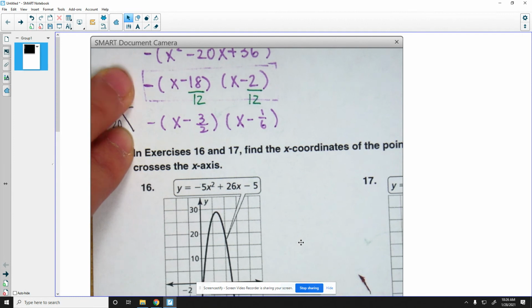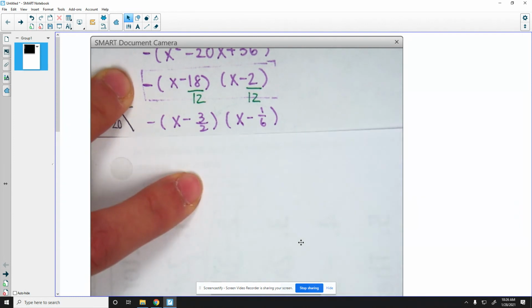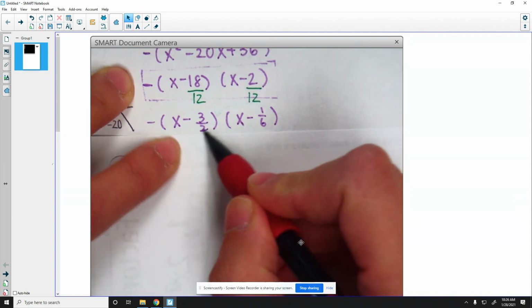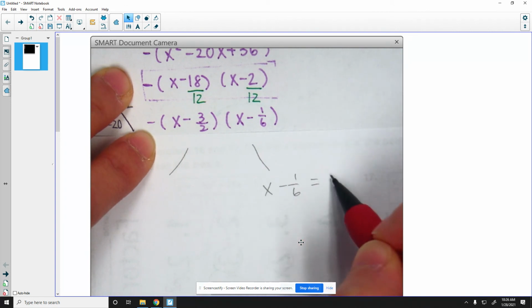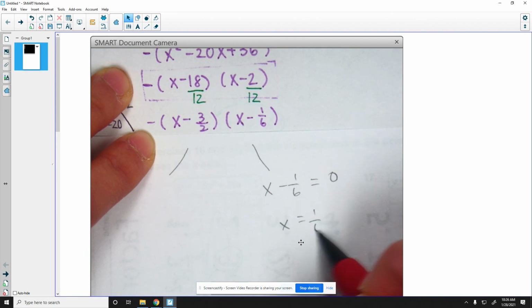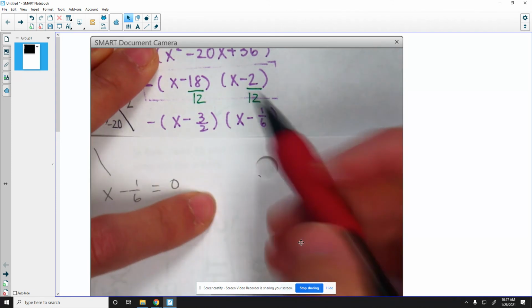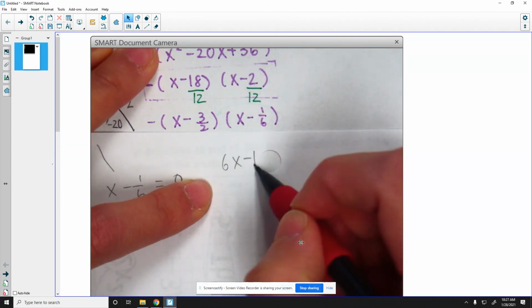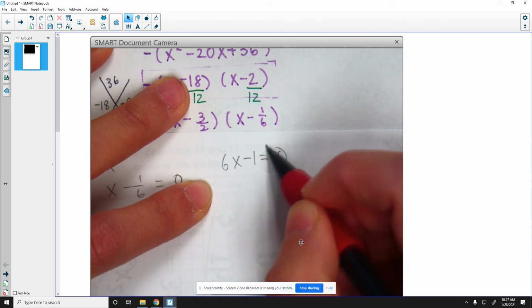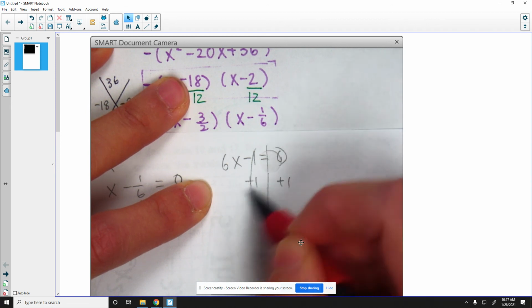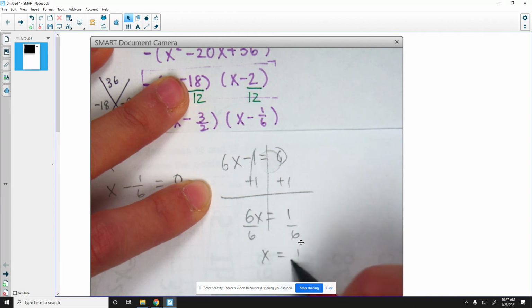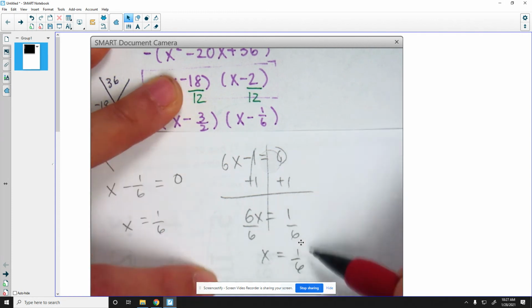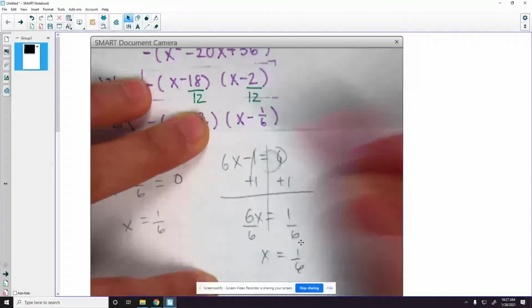But if I'm going to take the extra step and I'm going to solve, technically I'm just too lazy to do 2x minus 3, because if I have to set it equal to 0, isn't it easier to just say x equals 1/6? If I wrote 6x minus 1 and then set it equal to 0, I'm still getting the same answer, 1/6, but I'd do that much more work because I wrote it the right way when I factored it.